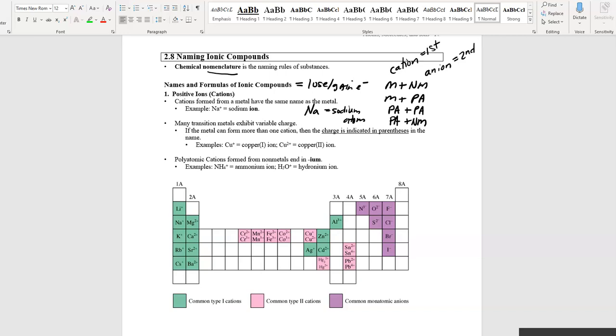As you see in the periodic table down below, and you may want to pause the video to grab your periodic table to label, everybody in group 1 has a common charge of +1, even hydrogen, and everybody in group 2 has a common charge of +2, and we'll get to the transitions in just a second.